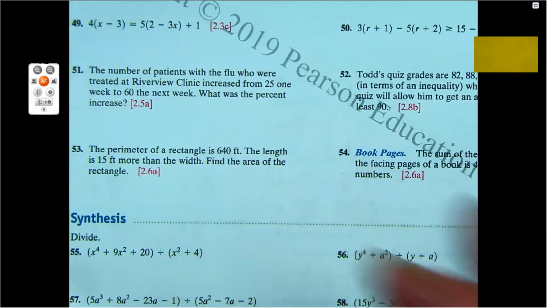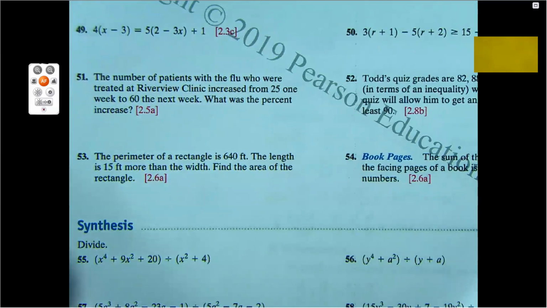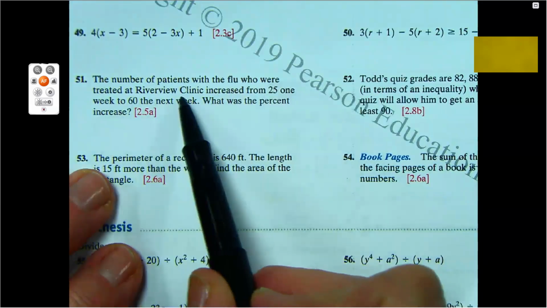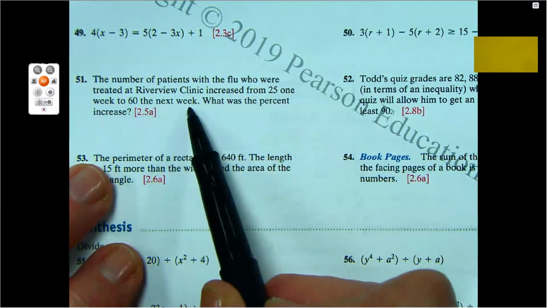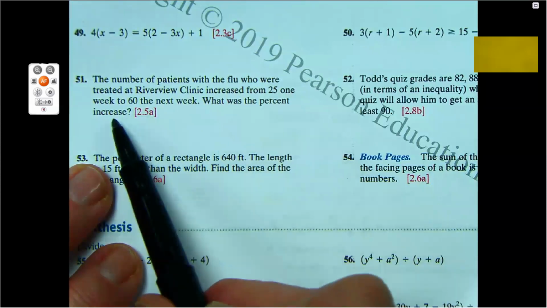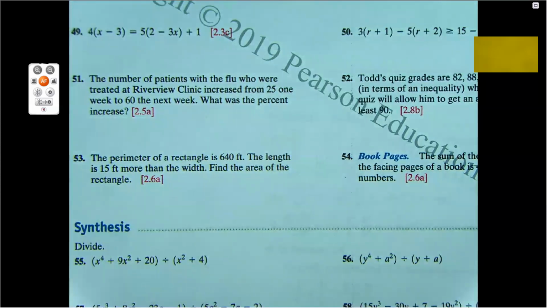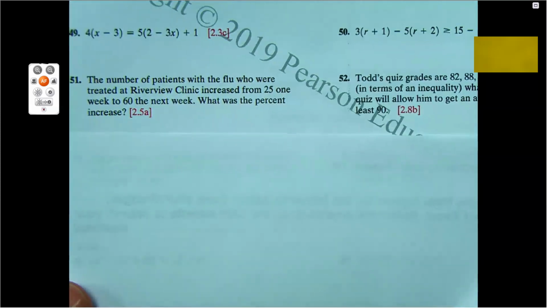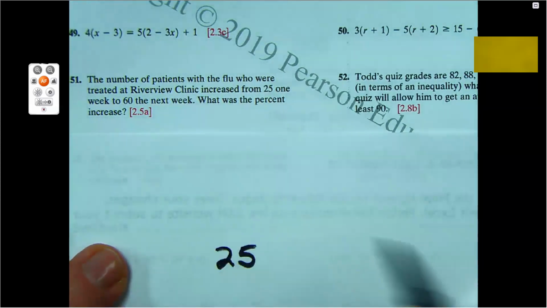Couple of application problems that relate to what we've been working on. The number of patients with the flu who were treated at Riverview Clinic increased from 25 one week to 60 the next week. What was the percentage of increase? The number of patients who were treated the first week was 25.